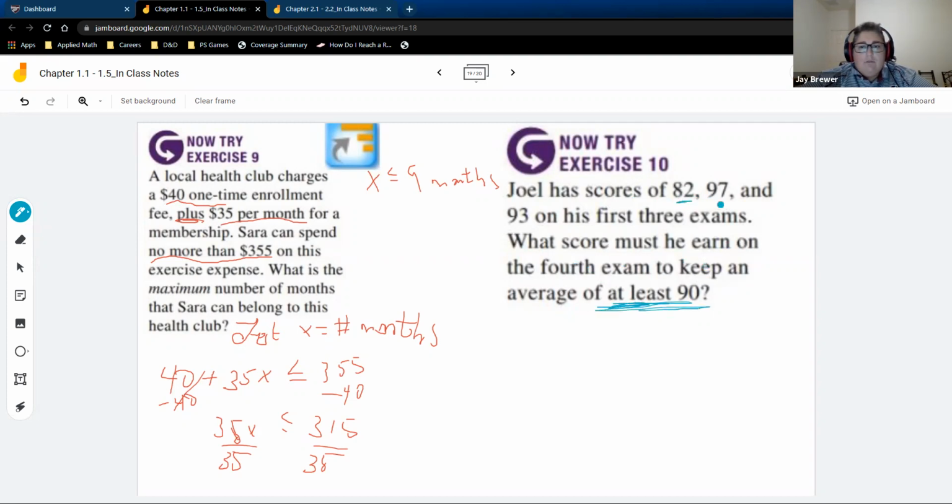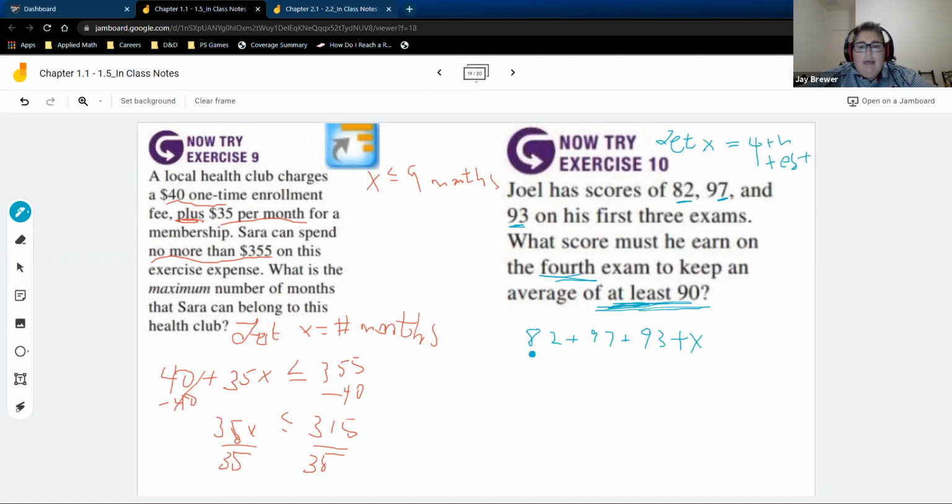And then he has scores 82, 97, and 93, and then we have an unknown 4th score. So to do this one, we would do 82 plus 97 plus 93 plus an unknown value. So you could say let X equal 4th test.